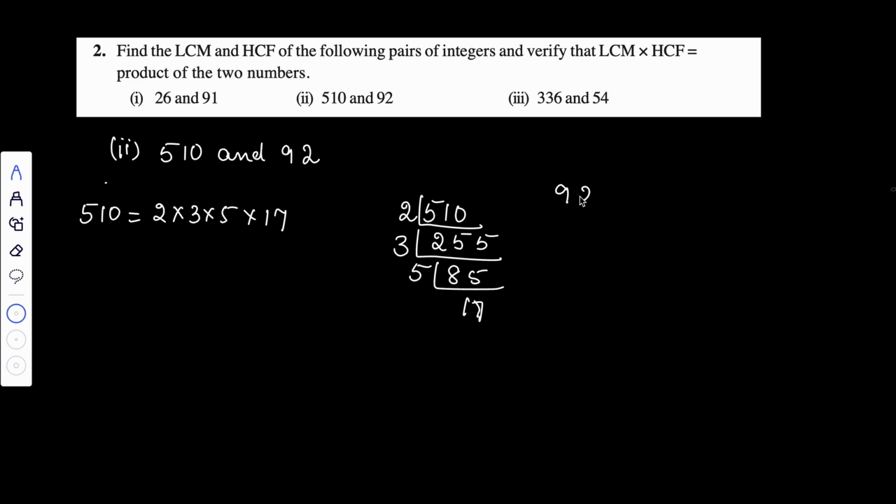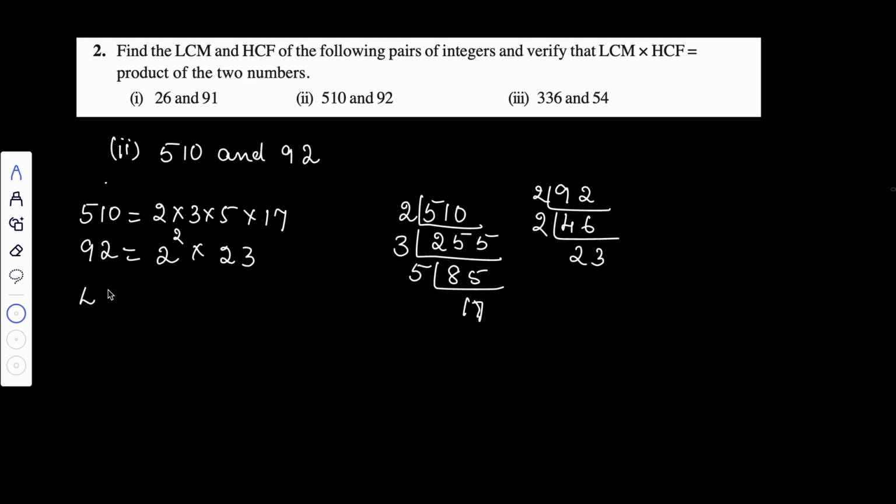92 if we divide by 2, we are getting here 46 times. 2 goes 23 times. So 23 is a prime number. So 92 is equal to 2 square into 23.